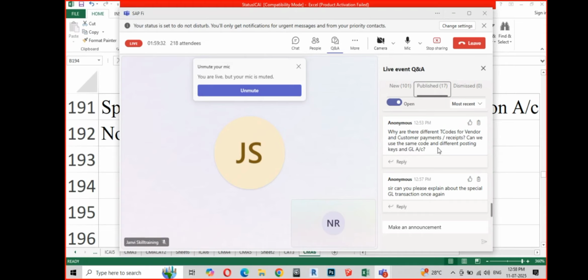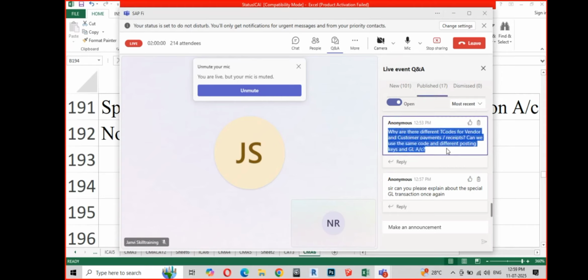See, why different transaction codes for vendor and customer payments? Is it the same activity? It is not the same activity, right? I'm releasing the payment to the vendor and I'm receiving the payment from my customer. So that is why you have 2 different transaction codes for your vendor and customer payments.